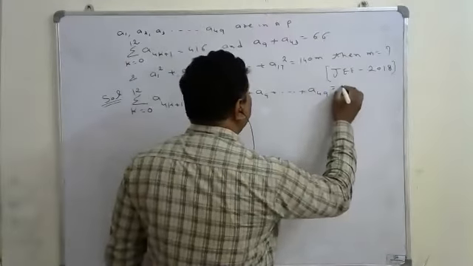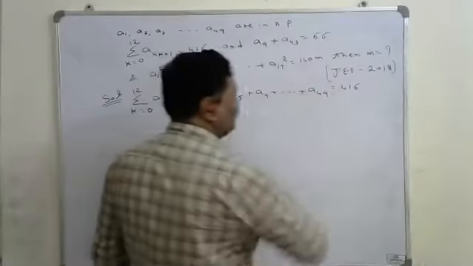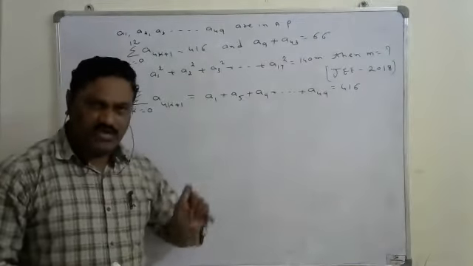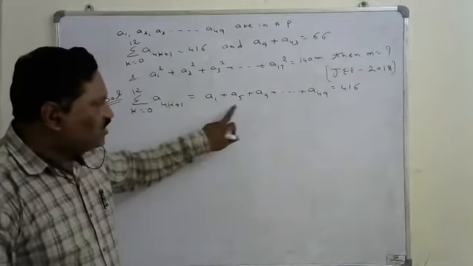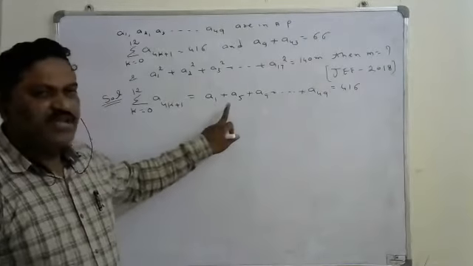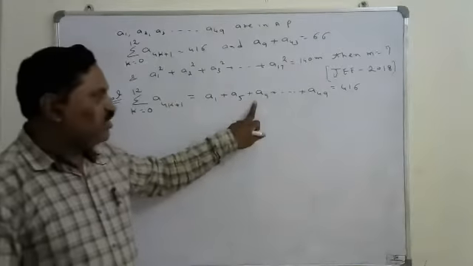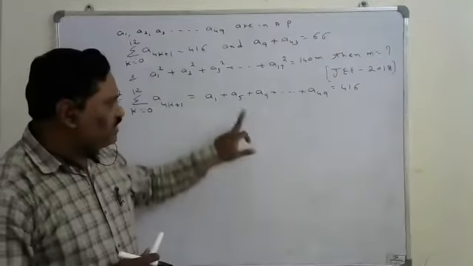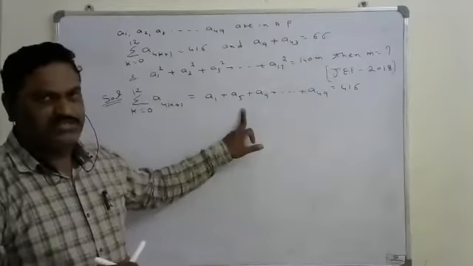So this entire summation was given as 416. If you observe all these terms, the first term, fifth term, ninth term, and so on, the difference between them is 4.